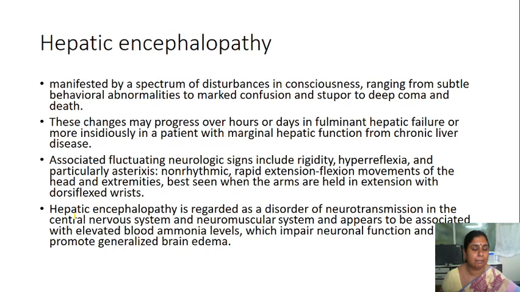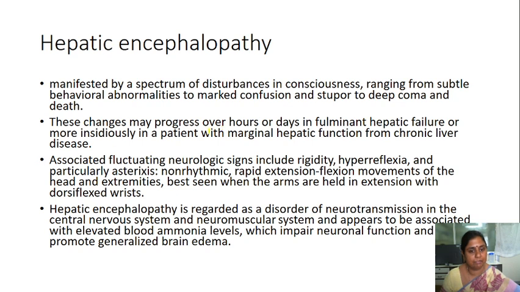And this hepatic encephalopathy is regarded as a disorder of neurotransmission, and it is associated with elevated blood ammonia levels. In a normal person, the liver is actually removing the excess of blood ammonia, and it is detoxifying our system.